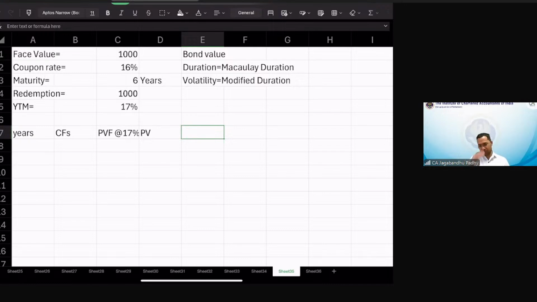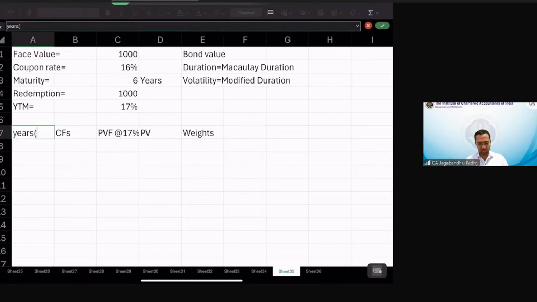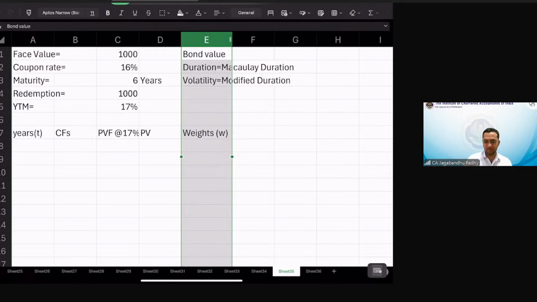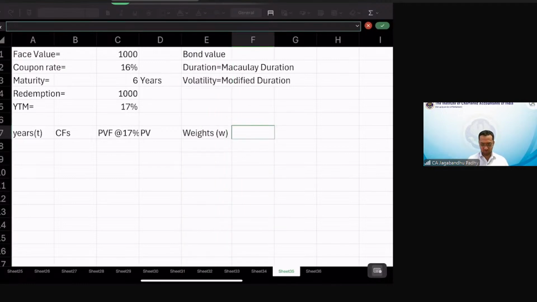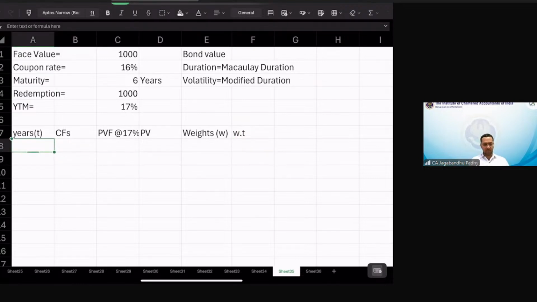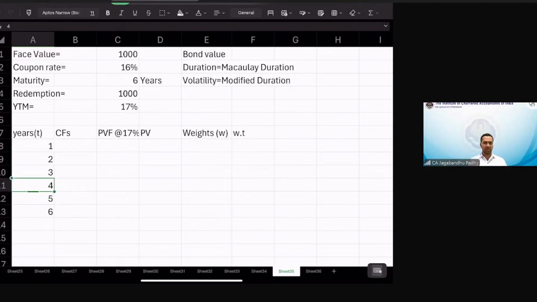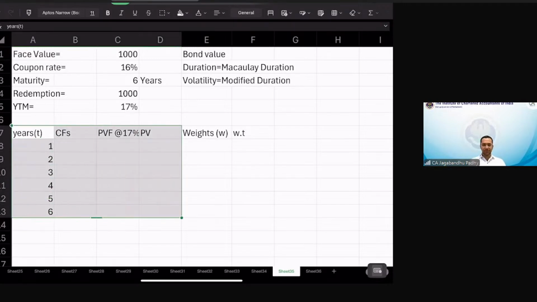You can calculate the weights, denoted by, let's say, W, and then the weighted average will be simply W into T, weights into time period. So we have 6 years to maturity: 1, 2, 3, 4, 5, 6.